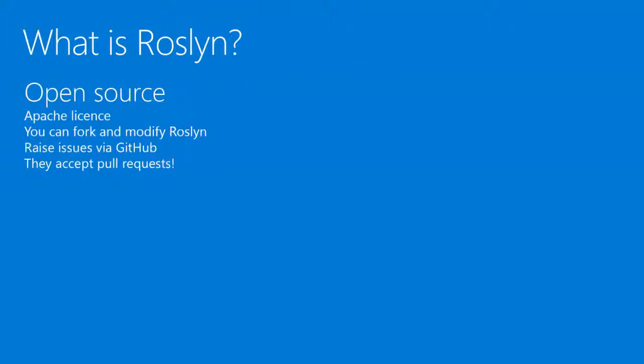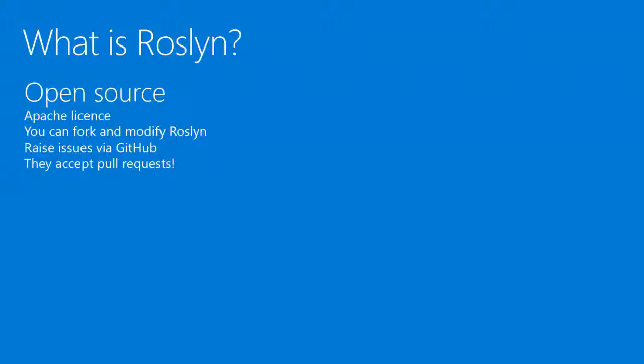I mentioned also that Roslyn is open source. It is Apache licensed. That means that you can fork it as much as you want. If you want to create your own dialect of C#, I can't possibly condone that, but hundreds have, so go for it. You can raise issues on it via GitHub. So a lot of the discussion about language evolution and bugs and what features should be prioritized, that is happening out in the open via GitHub issues.